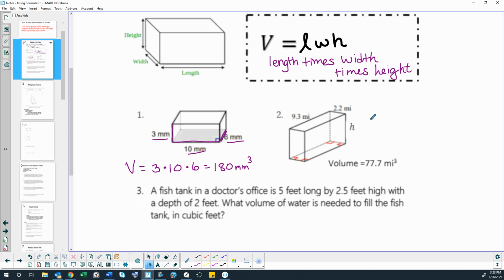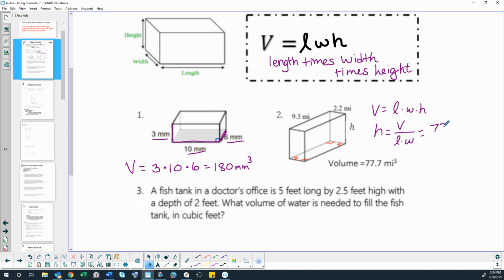I'm just trying to figure out what we would have that would have that kind of volume size. All right, so since volume is the three numbers multiplied together, and we want to find the height, that means we need to take the volume and divide by the other two numbers. They would be multiplied together and then both divided from the volume.